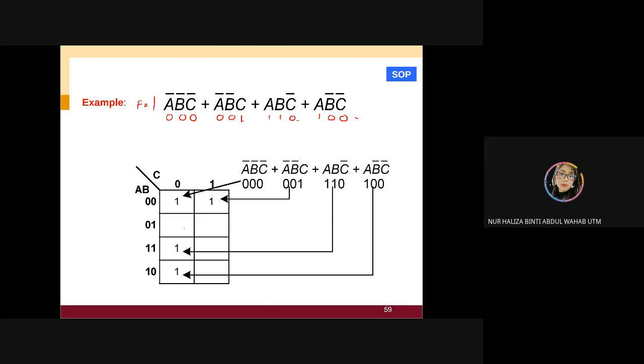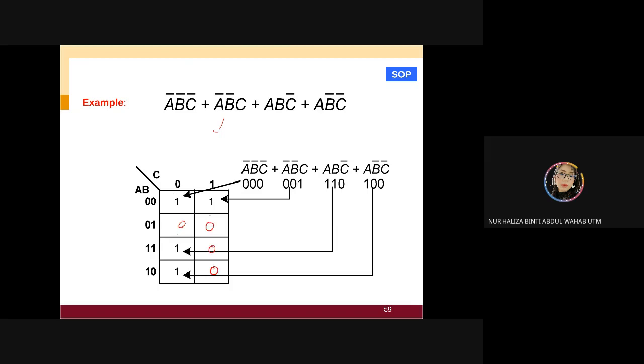Instead of drawing a similar thing here, we go for this first. 0, 0, 0, you put 1. 0, 0, 1, you have 1. 1, 1, 0, you have 1. 1, 1, 1, you have 1. And 1, 0, 0, you have 1. So you already map your value here and the rest will be 0.